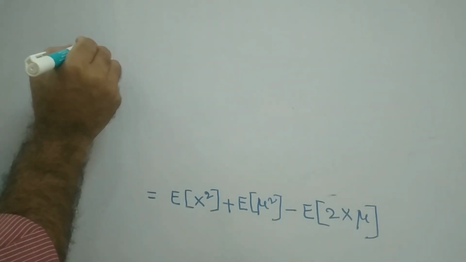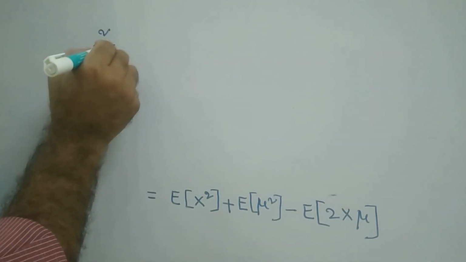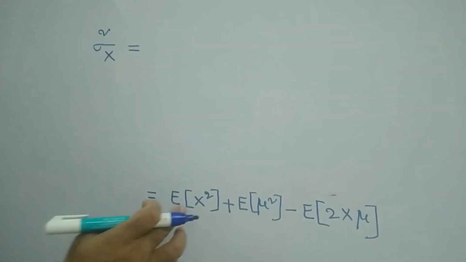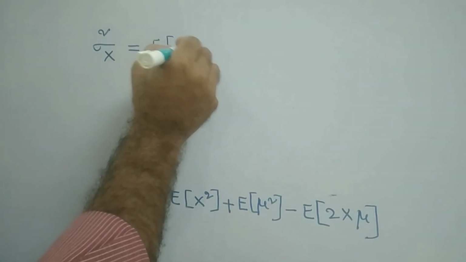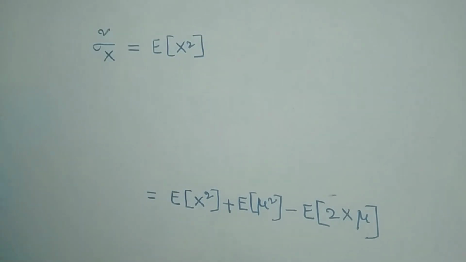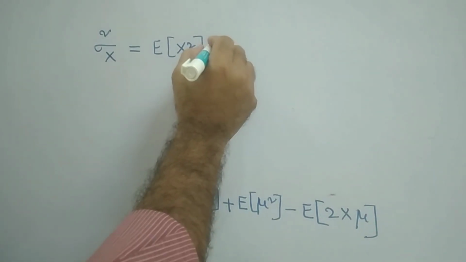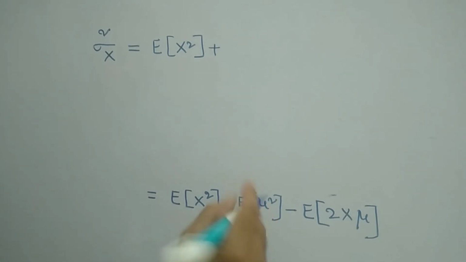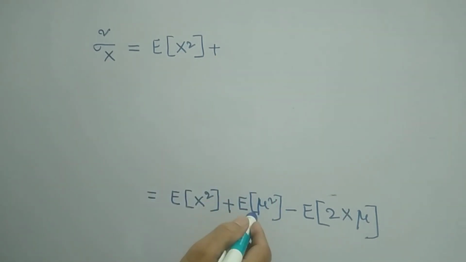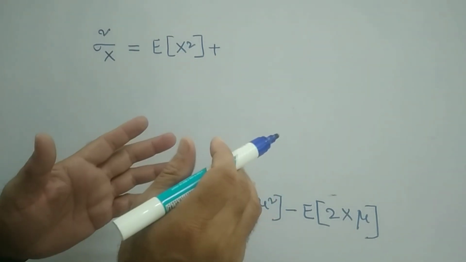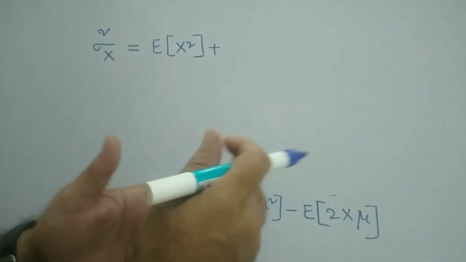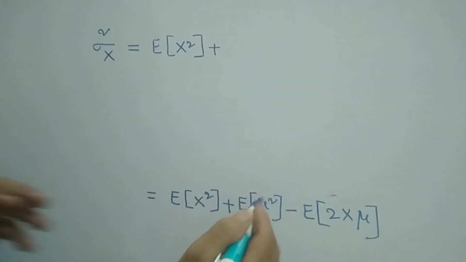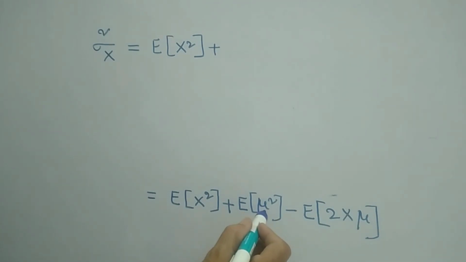So sigma square of x is equal to expected of x square, then expected of mu square. Remember one thing: mu is a constant, the mu value is a constant.